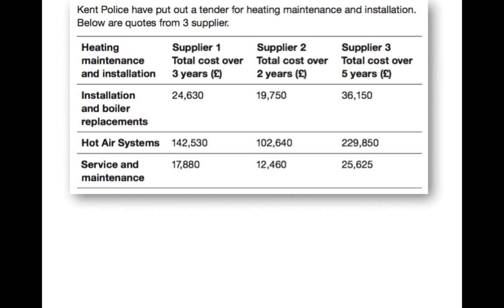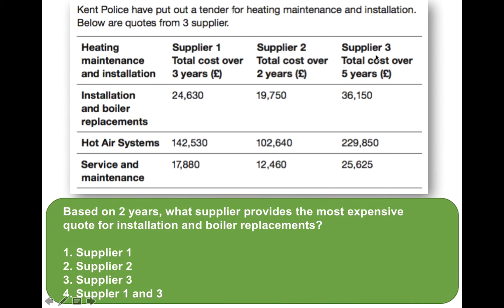So the same question. Kent Police have put out a tender for heating, maintenance and installation. Below are quotes from 3 suppliers. We've got Supplier 1, Supplier 2 and Supplier 3. And the question is, based on 2 years, what supplier provides the most expensive quote for installation and boiler replacements?